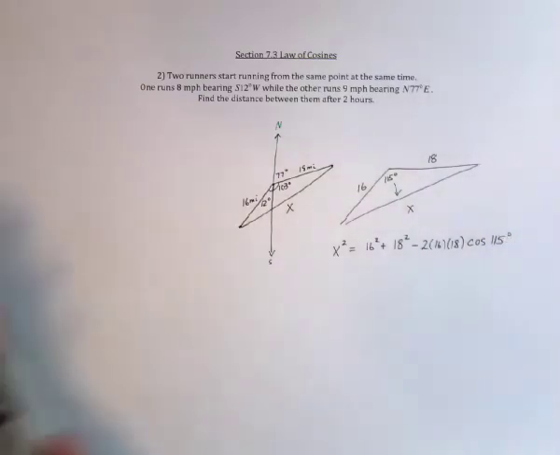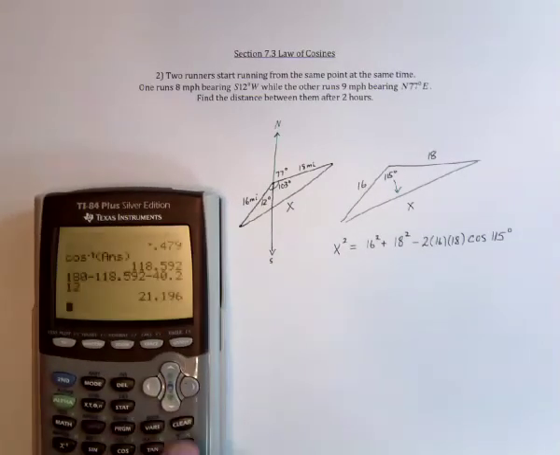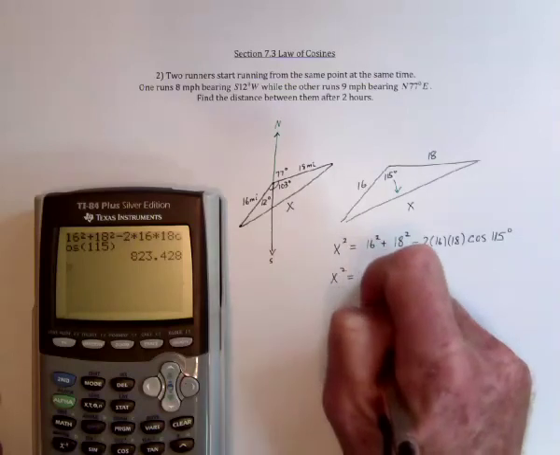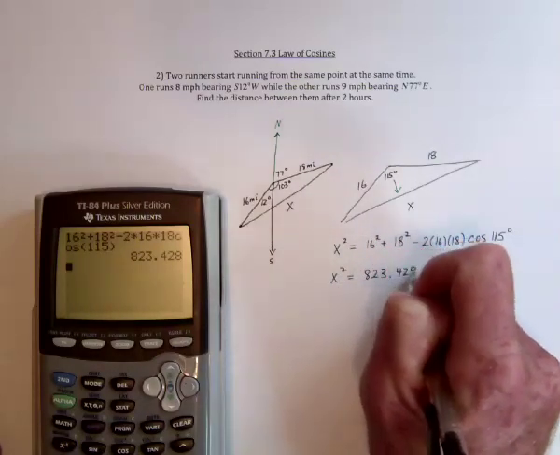And then calculate. 16 squared plus 18 squared minus 2 times the 16 times the 18 and the cosine of 115. So x squared is equal to 823.428.